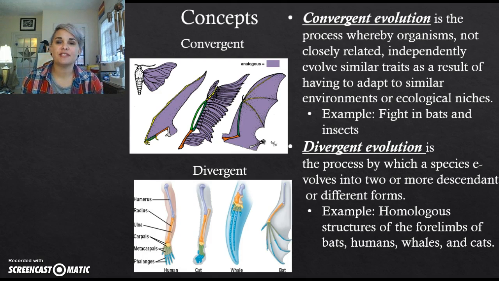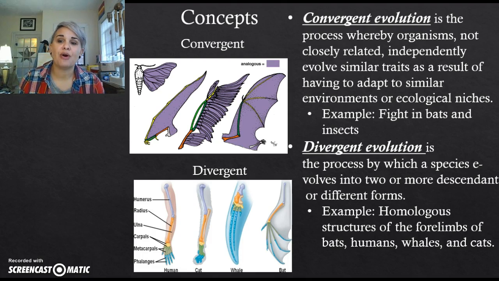All right, moving on to some concepts. So we have convergent evolution and we have divergent evolution. So convergent evolution is the process whereby organisms not closely related independently evolve similar traits as a result of having to adapt to similar environments or ecological niches.